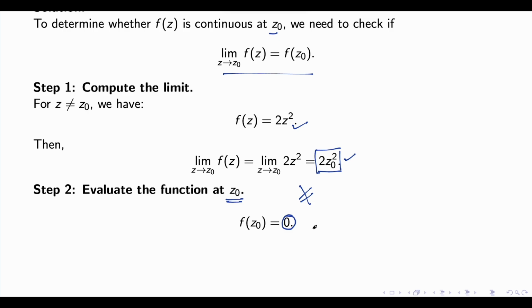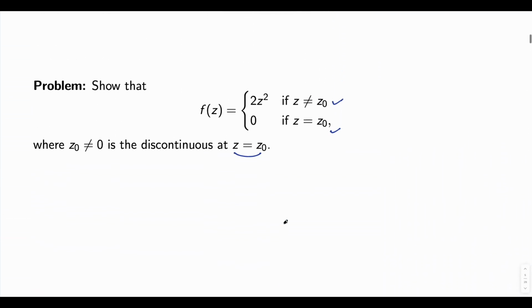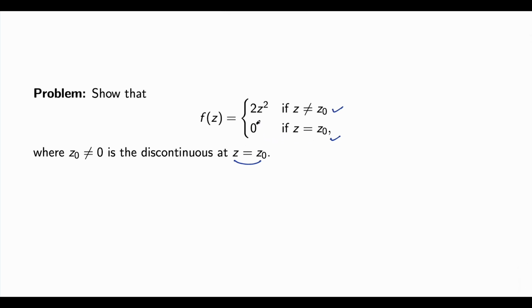And now you can make this function continuous by redefining your function. You can remove this 0 and define the function as 2 z0 square, right? So that is possible. You can make this function continuous, because if you define 2z square for z not equal to z0, and if z equal to z0, 2 z0 square, then both values are going to be equal and the function becomes continuous.